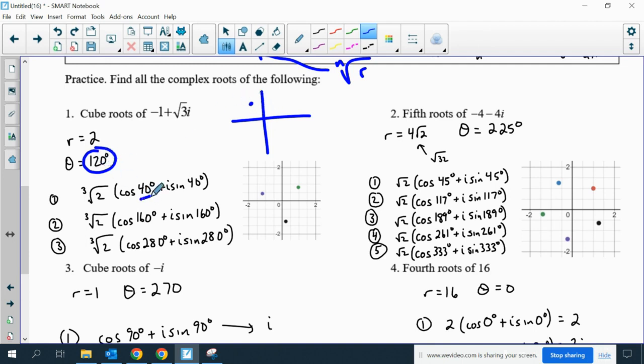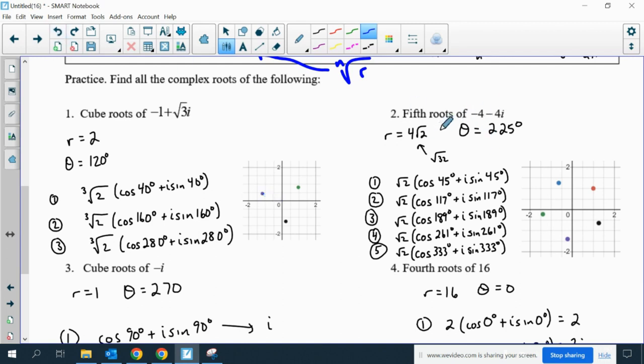I divide this by 3, and then I add 120 as many times as I need to in order to get the answers. We're going to leave these in polar form, at least the first two, because they're really nasty. 3 and 4 you can convert to regular complex form because they're pretty easy, but these are nasty. And notice the picture, it looks like an equilateral triangle. These are all radius cube root of 2.